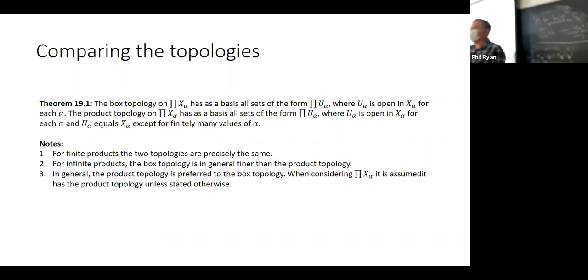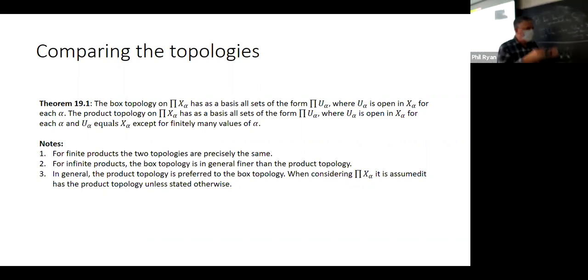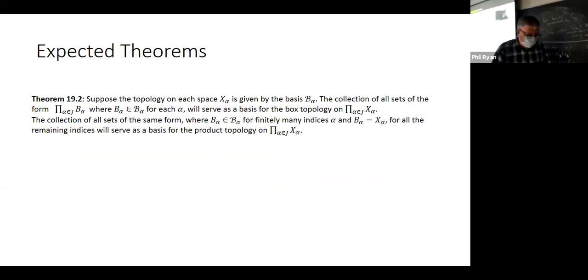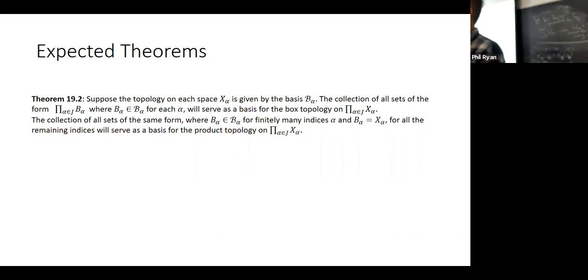That's not true for the box topology, but it is true for the product. So the product topology just tends to be the one that is used. Okay, so first let's look at a whole bunch of what I call expected theorems, which are true for both the box topology and the product topology.